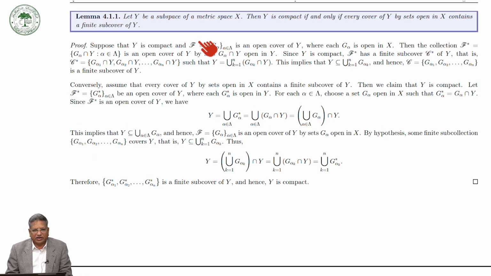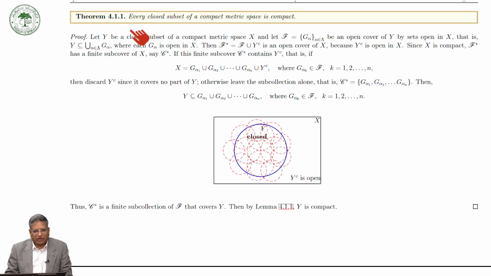And we have proved that if Y is a subspace of X, then Y is compact if and only if every cover of Y by sets open in X contains a finite subcover of Y. Then every closed subset of a compact set is compact.